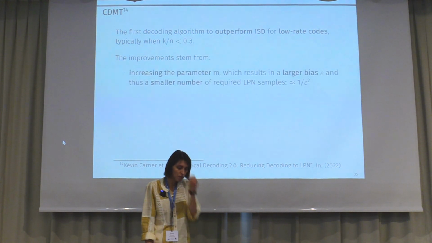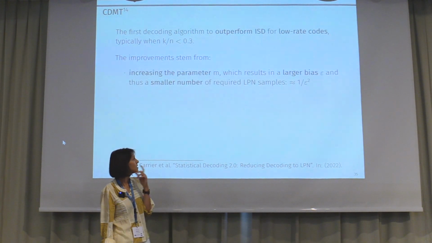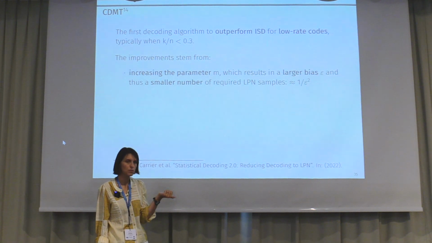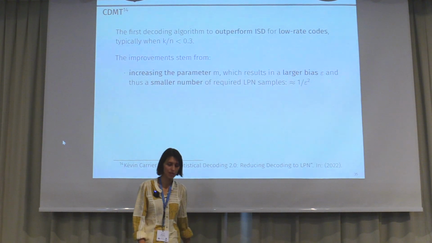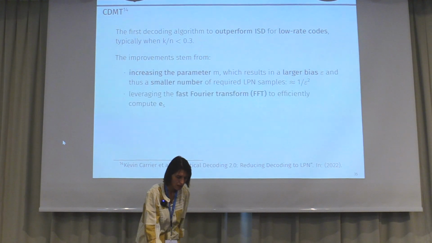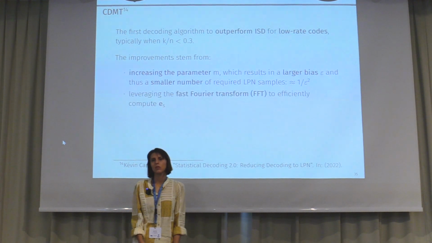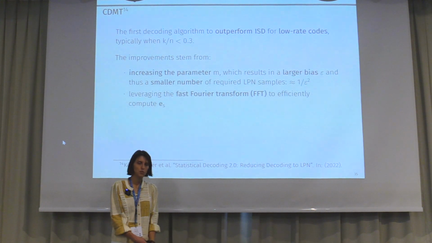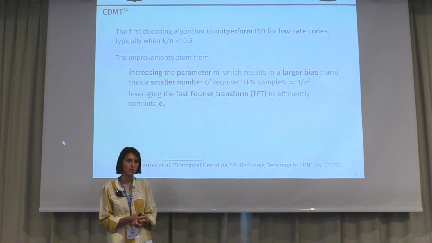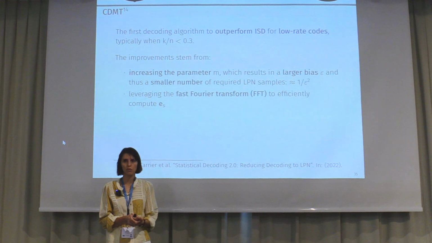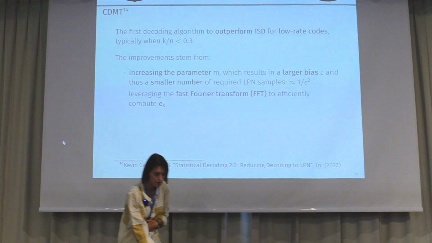And the improvements are due to different factors. The first one, we increased this parameter m and then decreased the number of necessary iterations. Then the authors also used the fast Fourier transform as a subroutine when they are searching for the solution to the LPN problem.